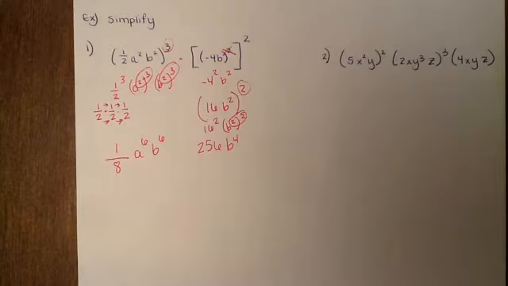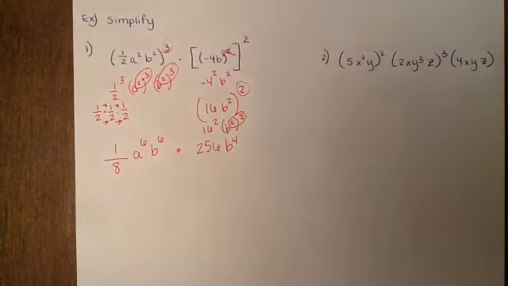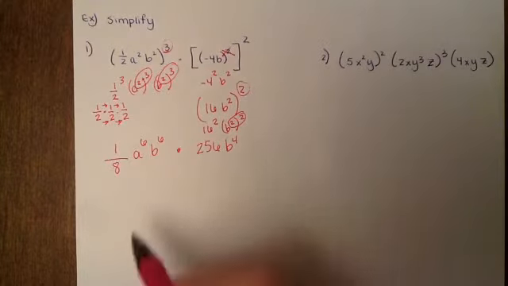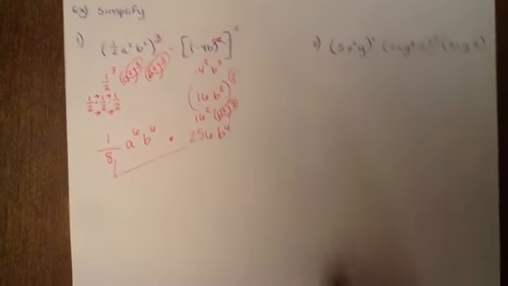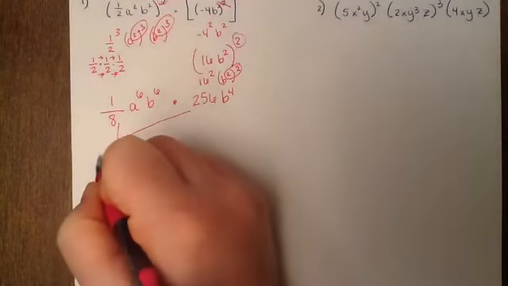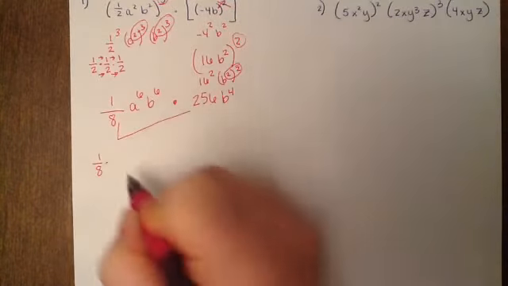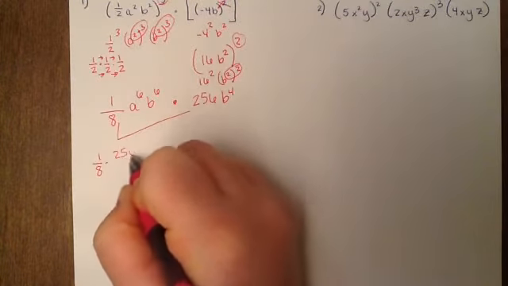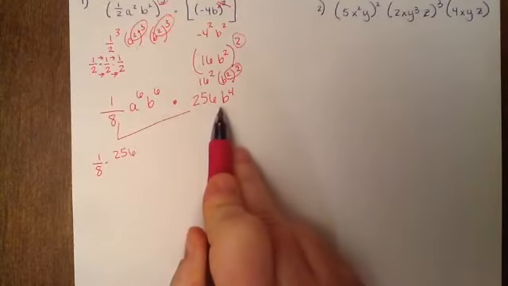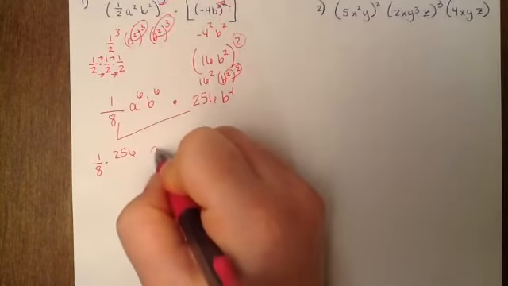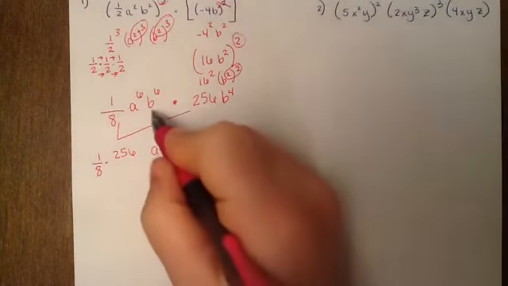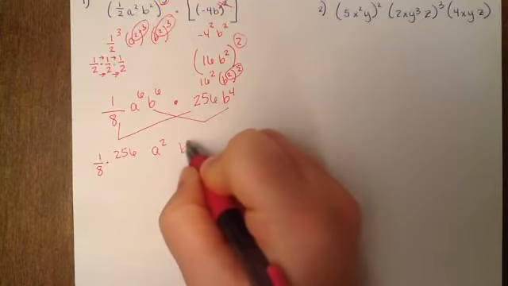We're almost done. Now I just have to simplify my pieces here. So I'm going to pull out my numbers. So I'm going to have 1/8 times 256. Is there an A to match with? Nope. And now I can put the B's next to each other.